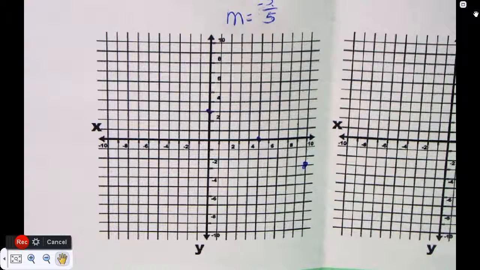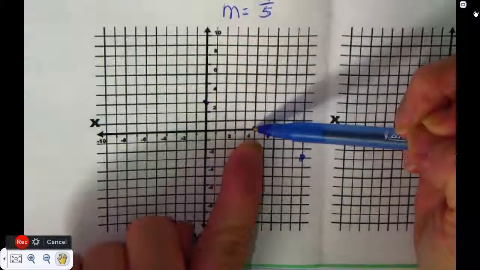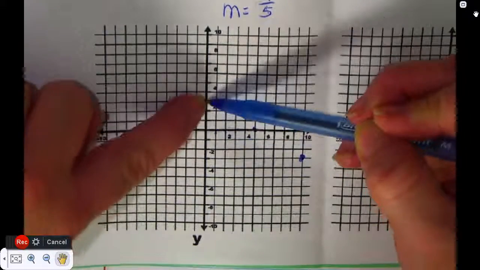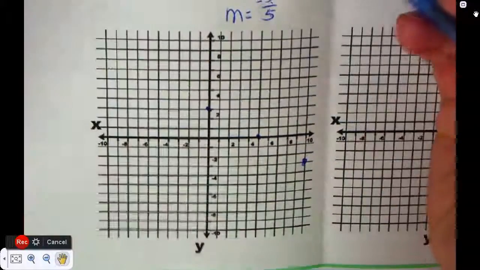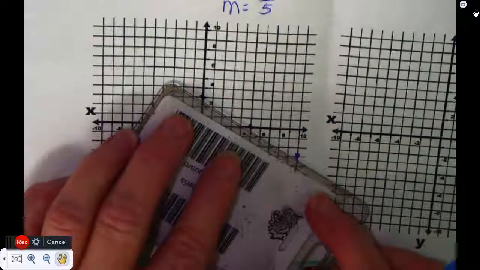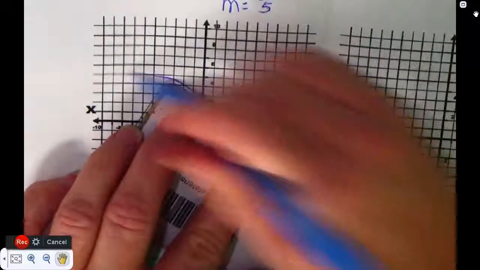Then you can go back after you draw your line and check, going from this point. Look, you can go from this point and go, okay, I'm going to go left 5, up 3. And we're going to draw our line.